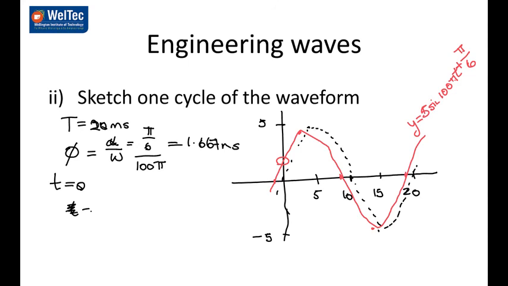No, t is equal to 0, so it'll cut the y-axis when y is equal to 5 times sine pi by 6, and sine of pi by 6 is a half. 5 times a half is 2.5. So it'll cut the vertical axis at 2.5.